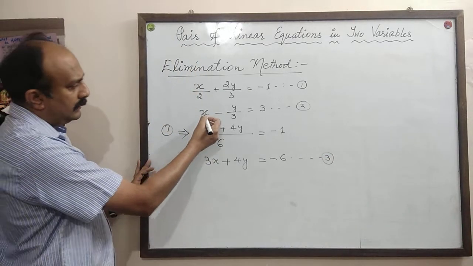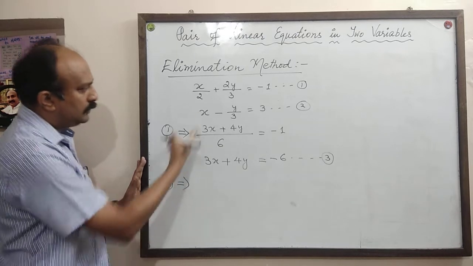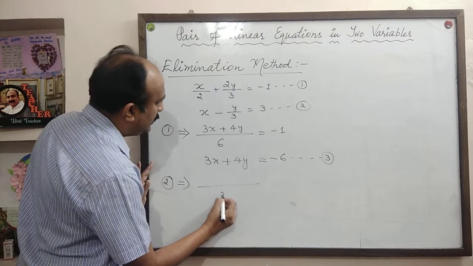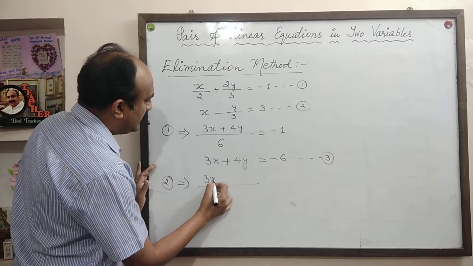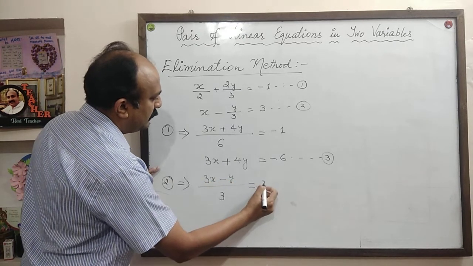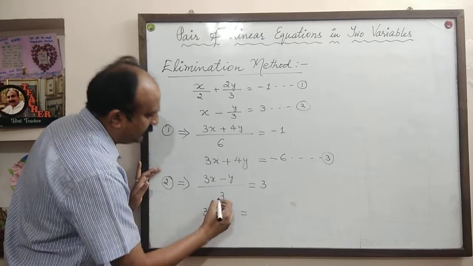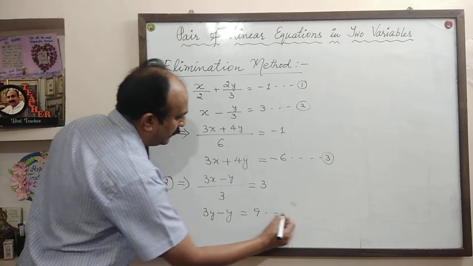Now we can rewrite equation number 2 also. Equation number 2 becomes, taking LCM 3, 3x minus y upon 3 is equal to 3. So 3x minus y is equal to 3 into 3, 9.